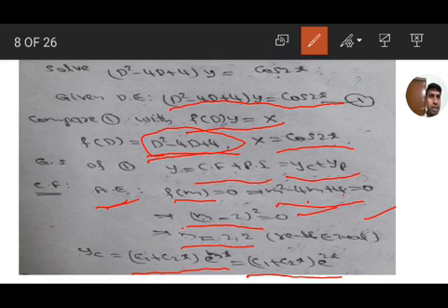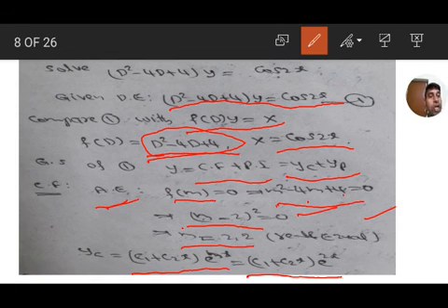We are comparing with the standard form f(D)y = X, where f(D) = D² − 4D + 4 and X = cos 2x. The general solution is the complementary function plus particular integral, yc + yp. For the complementary function we identify the auxiliary equation f(m) = 0, that is m² − 4m + 4 = 0.